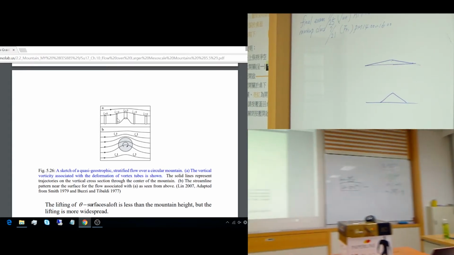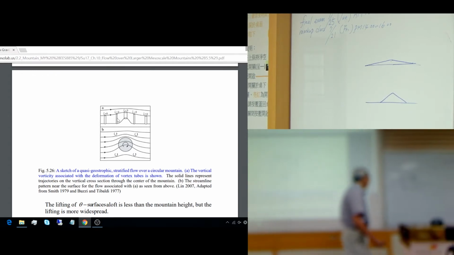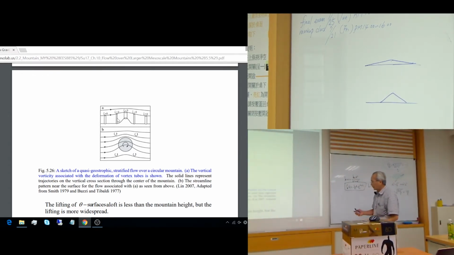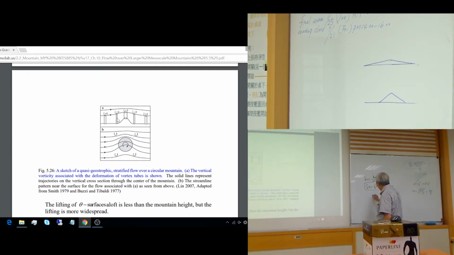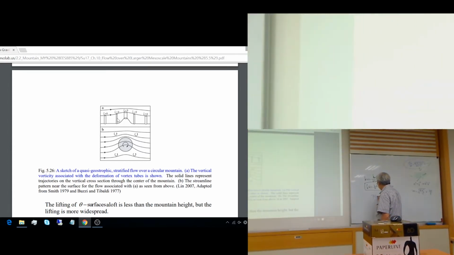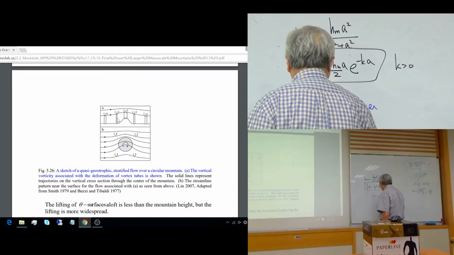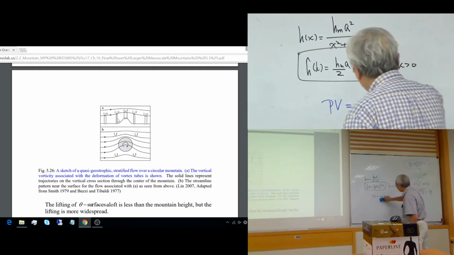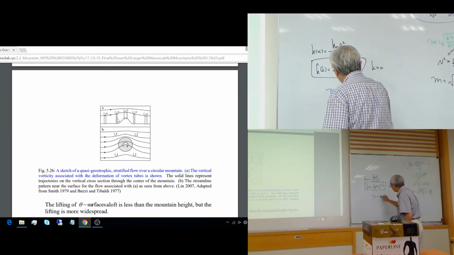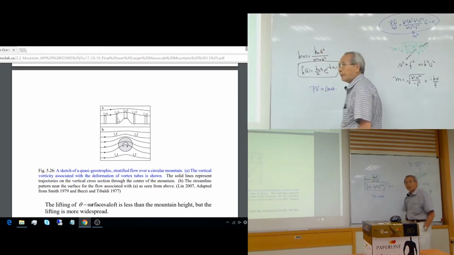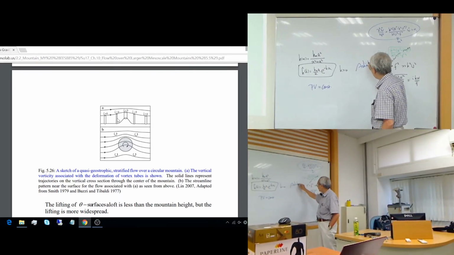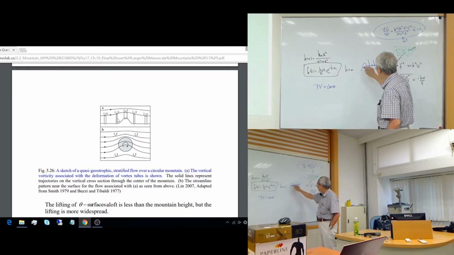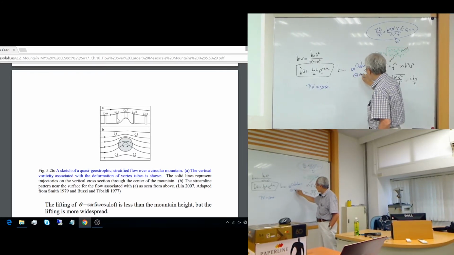And once you're stretching, what happened? You can apply a very simple idea: because your PV is conserved, so it's constant. PV is conserved when you have adiabatic flow and inviscid flow.